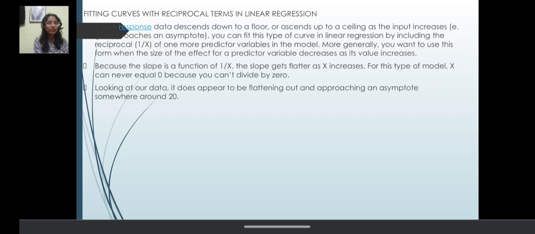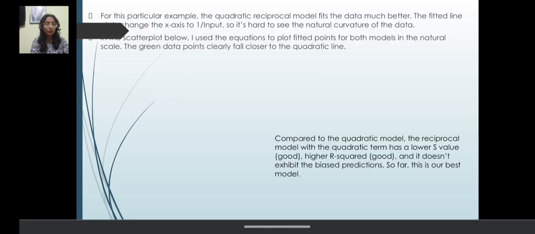Looking at our data, it does appear to be flattening out and approaching an asymptote somewhere around 20. For this particular example, the quadratic reciprocal model fits the data much better. The fitted line changed the x-axis to 1 by input, so it's hard to see the natural curvature of the data.